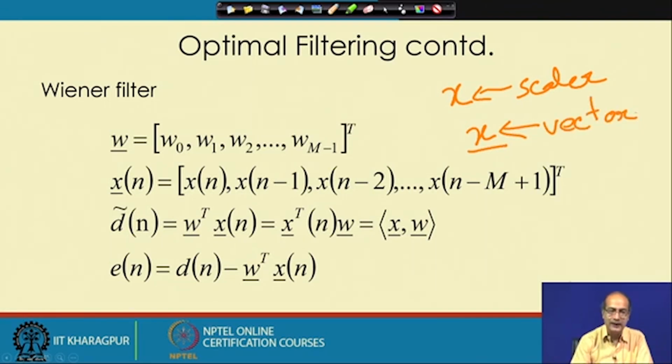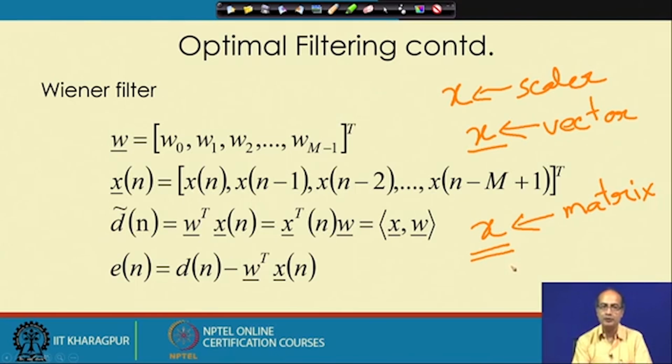We will have another notation, which we will use a little later: if we write 2 bars, it will be a matrix. We keep it simple and follow this notation so that we can write it with pen and paper easily and it becomes unambiguous. Otherwise, the fonts sometimes look very close to each other and we get confused whether it is a scalar or a vector.